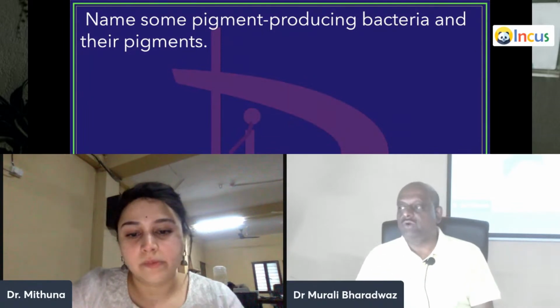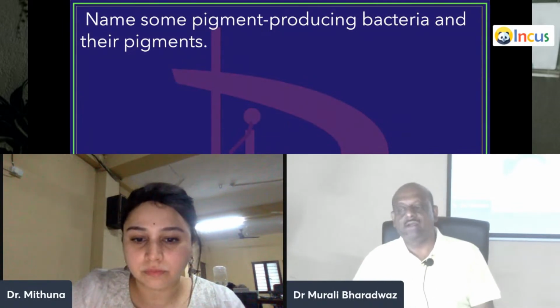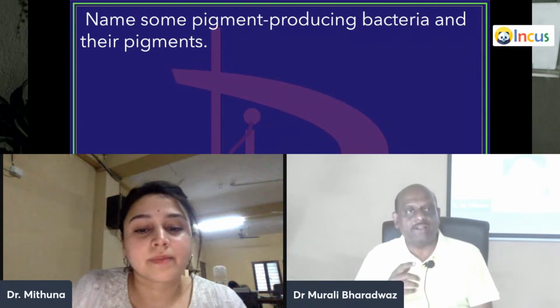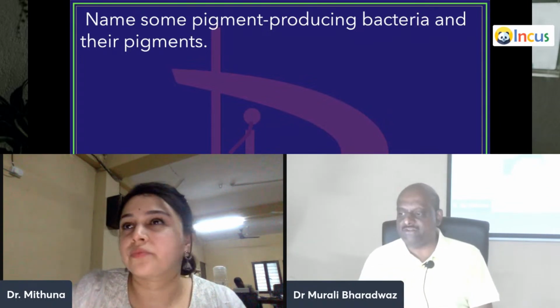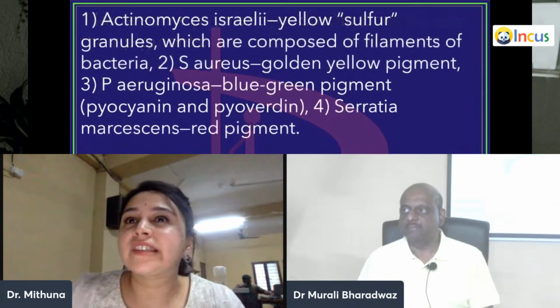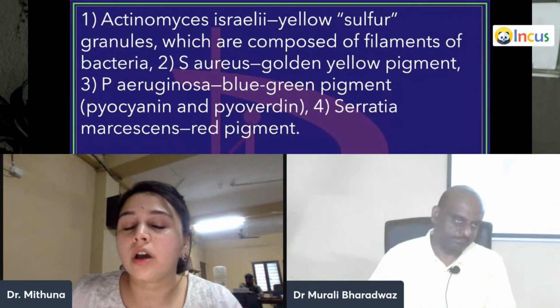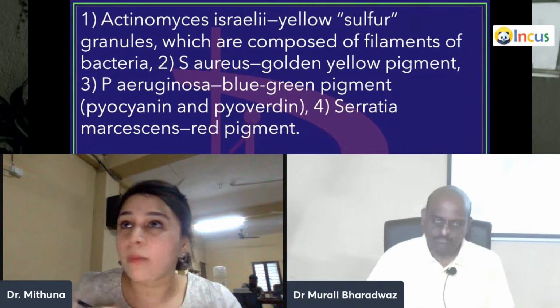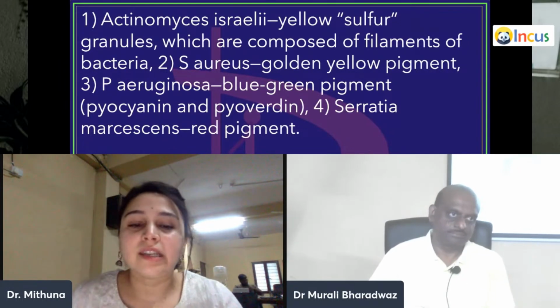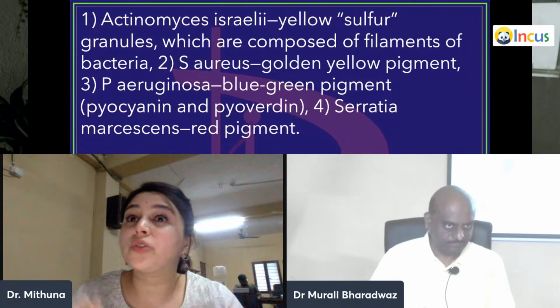Now, fatafat, tell me what are the pigment producing bacteria and what are the pigments which are produced by these bacteria? One which we have recently discussed, you have spoken about pseudohemoptysis, that red pigment. It is Serratia marcescens, which produces red pigment.